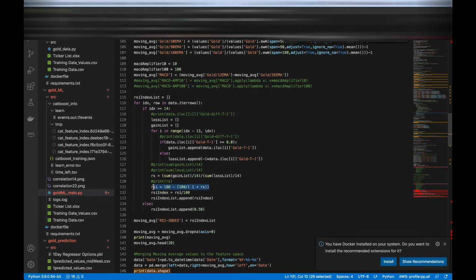So the RSI goes from 100 to 0 based upon this calculation. It can't go above 100. If you are relatively weak, that means there's a lot of sell-off, the sum of the gains is very low, so obviously the RSI will be relatively low too.